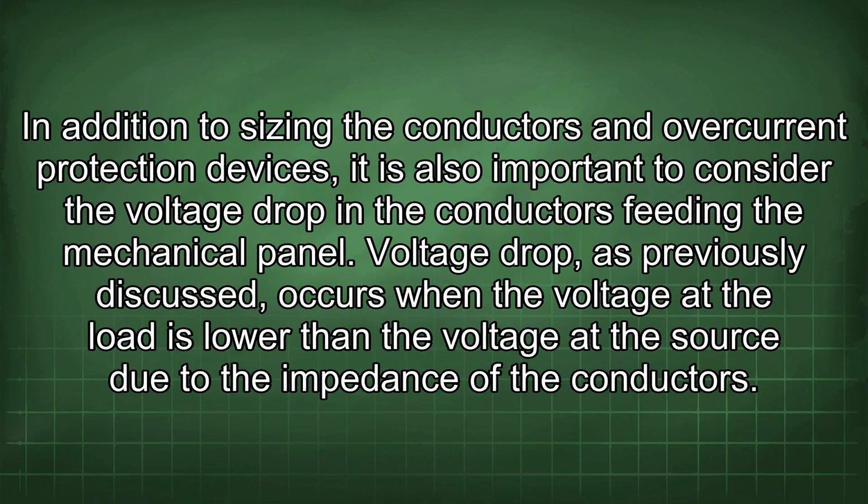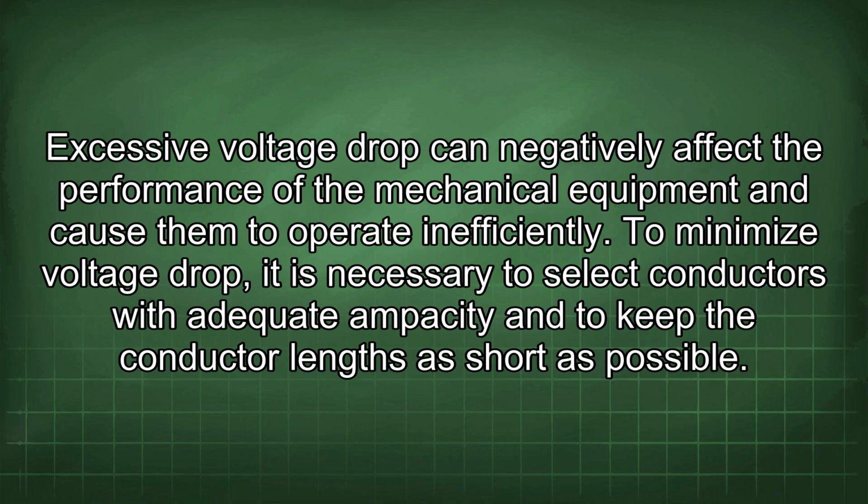In addition to sizing the conductors and overcurrent protection devices, it is also important to consider the voltage drop in the conductors feeding the mechanical panel. Voltage drop, as previously discussed, occurs when the voltage at the load is lower than the voltage at the source due to the impedance of the conductors. Excessive voltage drop can negatively affect the performance of the mechanical equipment and cause them to operate inefficiently.